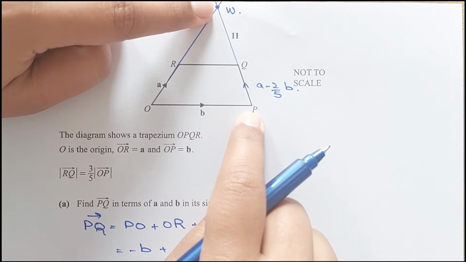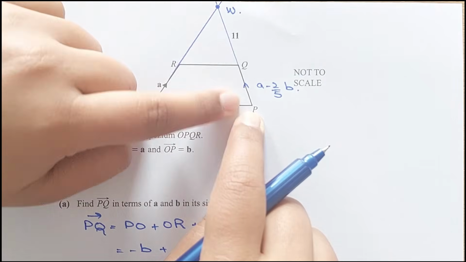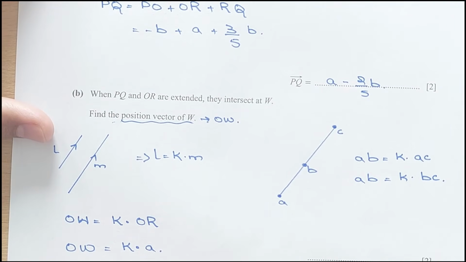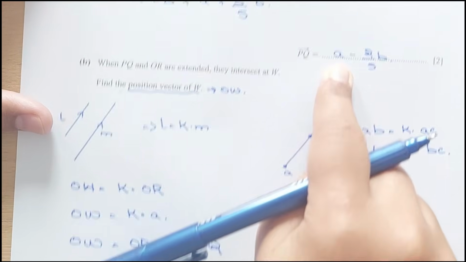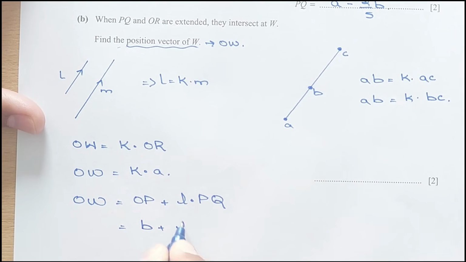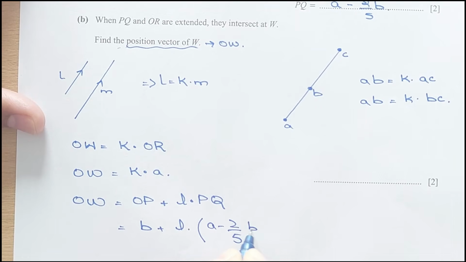So we can say PW is some constant times PQ, right? So OW follows the path of OP plus some constant, let's say l, times PQ. We have the value for PQ here, right? OP is b, so we have b plus l times a minus 2 by 5 b, right?